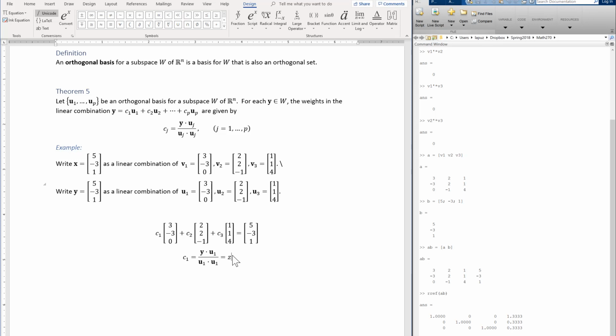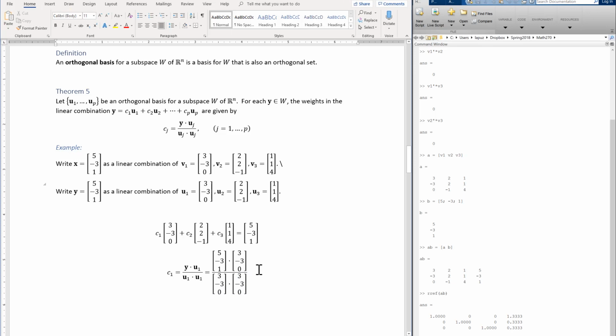So let's see. Let me just set up a fraction for us here. So y is equal to this. So we want this thing, and then dotted with this vector, and then it's this vector dotted with itself. So let's see how that's going to look for us.